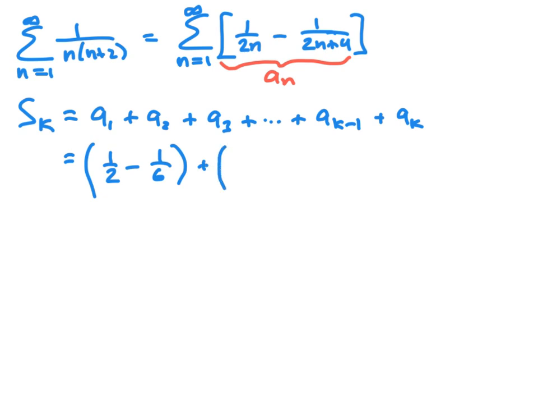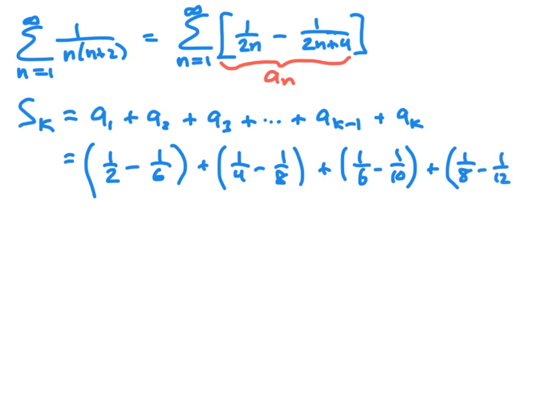When we substitute 2 for n to get a sub 2, we're going to get 1/4 minus 1/8. When we substitute 3 for n to get a sub 3, we're going to get 1/6 minus 1/10. We'll do one more term here, a sub 4. When we substitute 4 for n, we're going to get 1/8 minus 1/12.